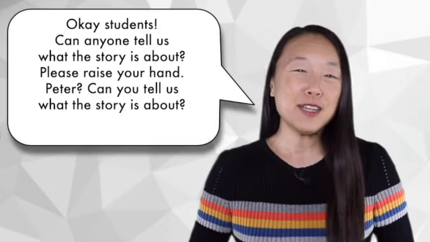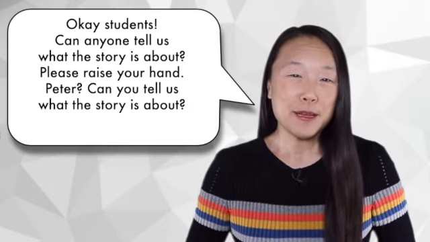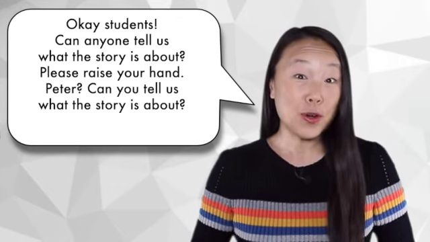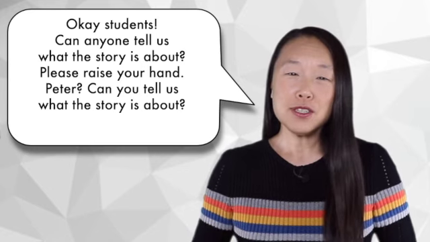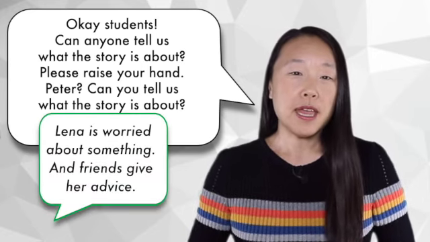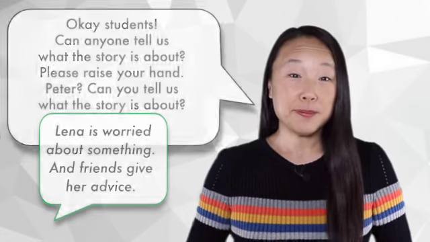Step 2. At the end of the first listening, the teacher says, "Okay, students, can anyone tell us what the story is about? Please raise your hand. Peter, can you tell us what the story is about?" The student might say, "Lena is worried about something, and friends give her advice."